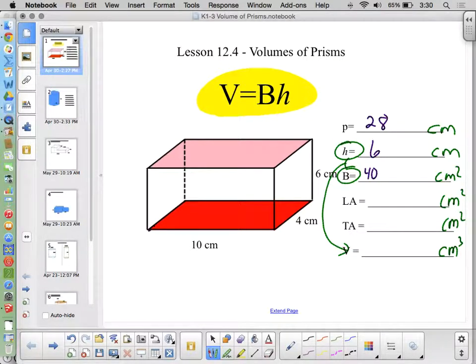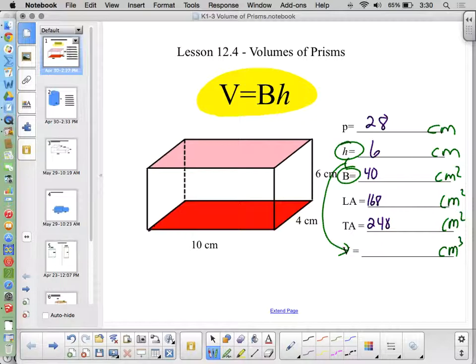The lateral area is the perimeter of the base times the height, 28 times 6, or 168 centimeters squared. My total area is my lateral area plus 2 bases. So if I do that, that's 248 centimeters squared.